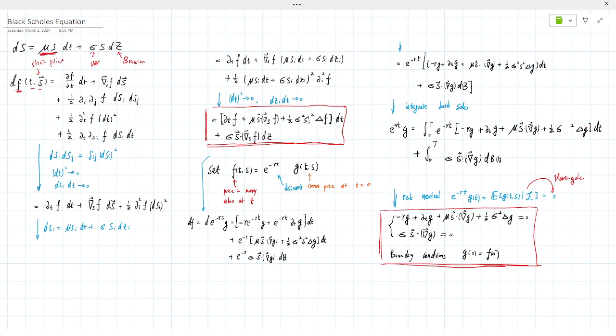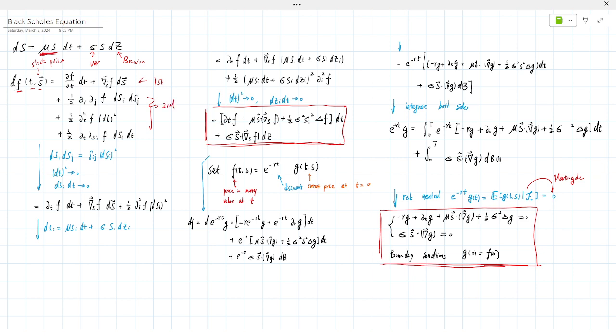And we just do a Taylor expansion using the Ito correction, meaning that outside of the first order, we expand the second order. So this line is the first order. These are the second order.